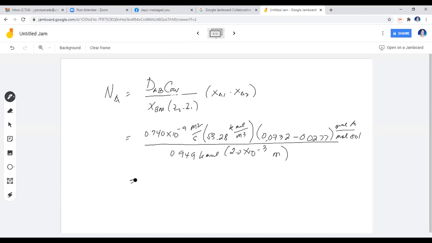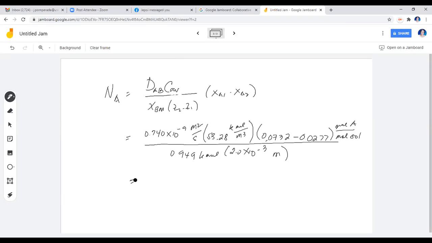Then we have 0.0732 minus 0.0277, and we divide by 0.949, and we divide by 2.0 raised to negative 3.